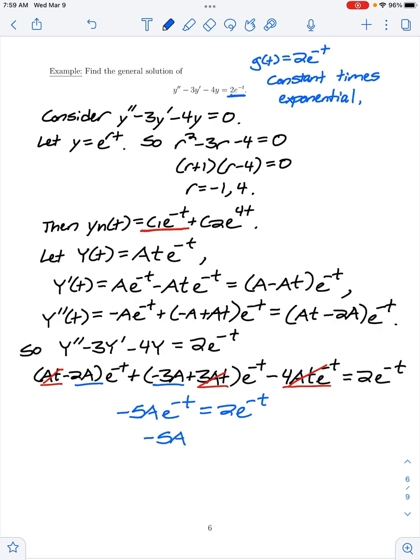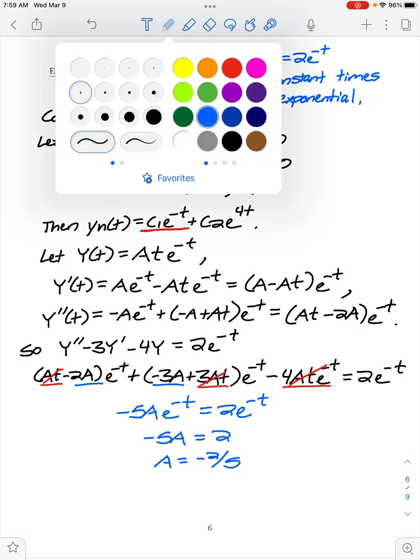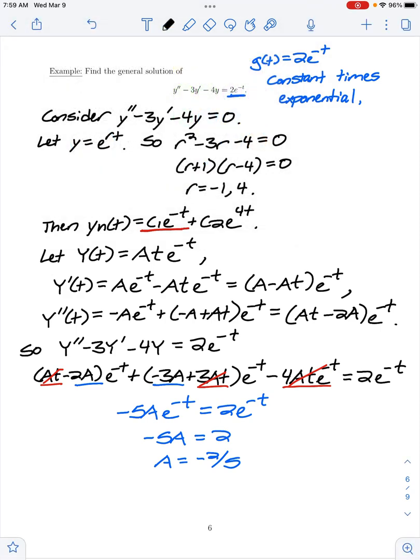And so negative 5a would have to equal 2, so that a would be negative 2/5. So once I find this coefficient a, I can substitute back into my general form for the particular solution. And we find that a particular solution would be negative 2/5 t e to the negative t power.